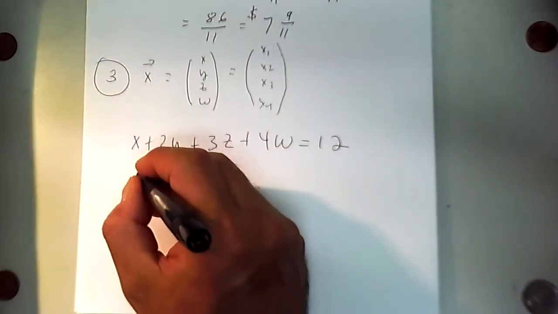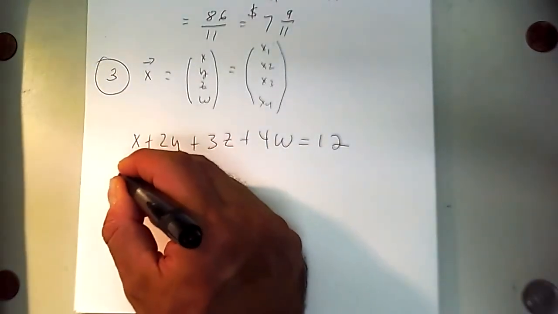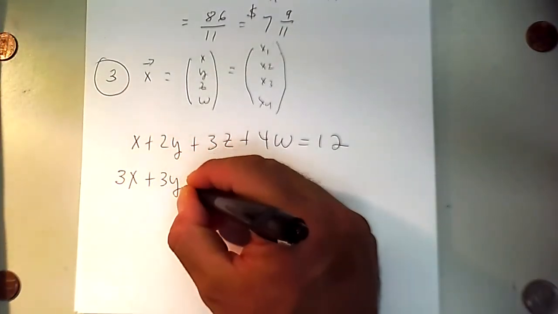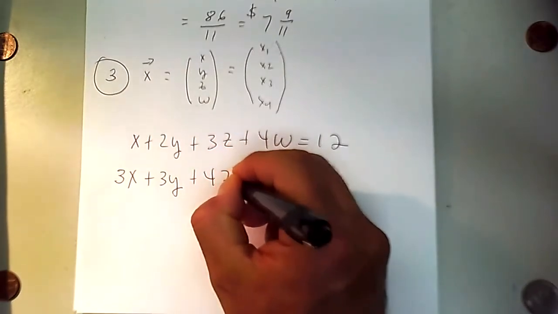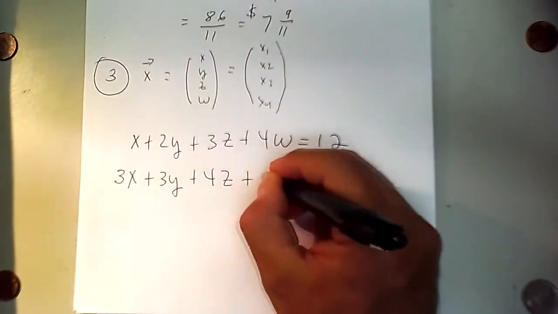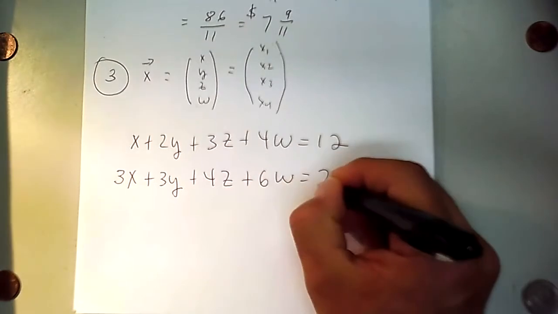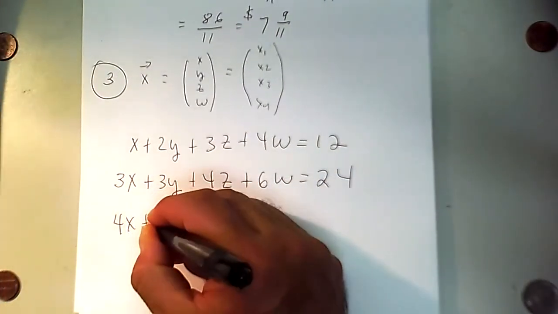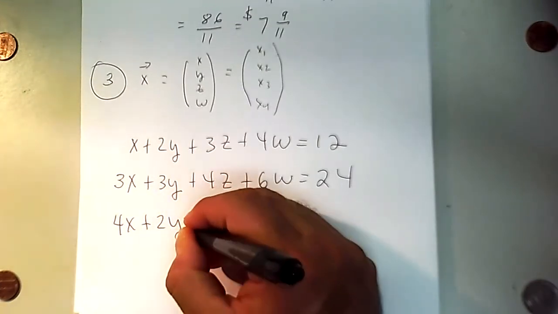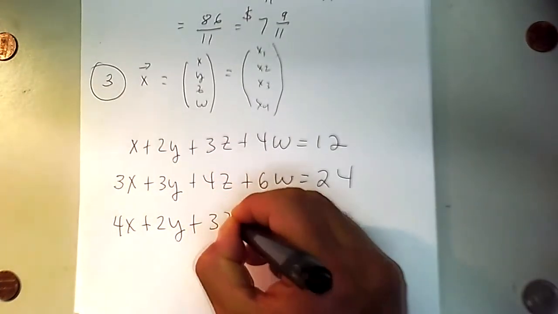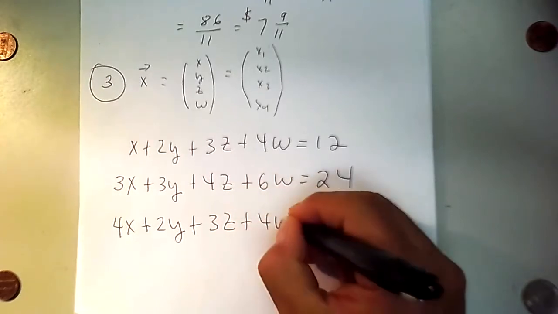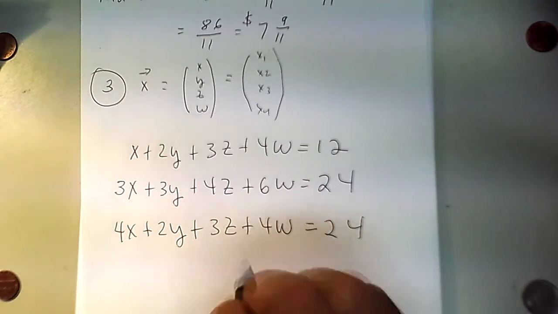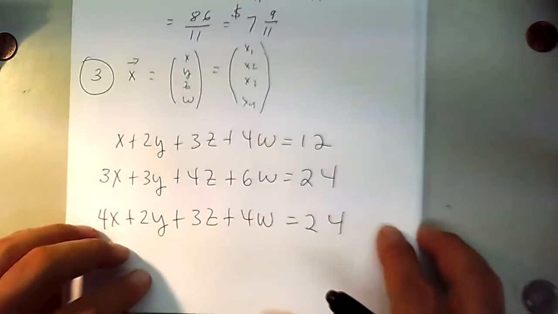I'm just going to explain this, and then I'm going to ask you to please do this problem. 3x plus 3y plus 4z plus 6w equals 24. 4x plus 2y plus 3z plus 4w equals 24.